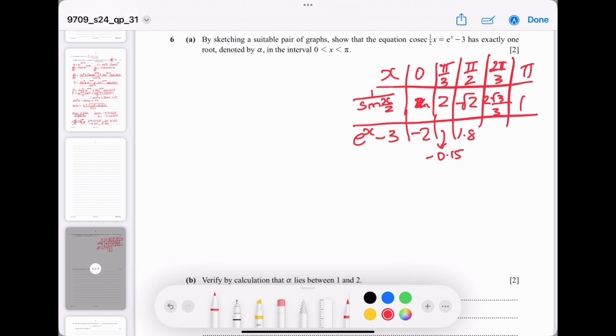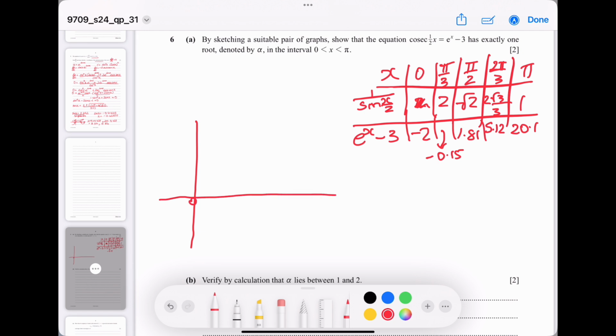So it's 1.81, .12 and 20.1. Okay, so then we want to try and draw a set of axes as accurately as we can.